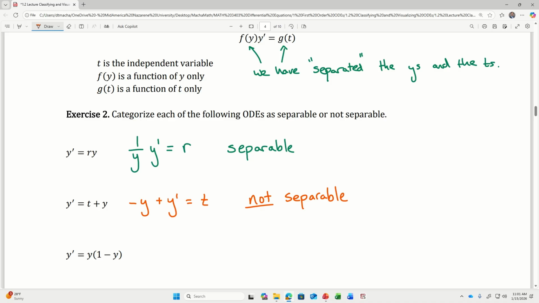But I don't have some function of y times y prime. I have some function of y plus y prime. And so this is technically not separable. So it's not enough to just move the y's to the left side and the t's to the right side. You really have to have a function of only y times y prime, and on the right side a function of only t. So that's a little tricky.